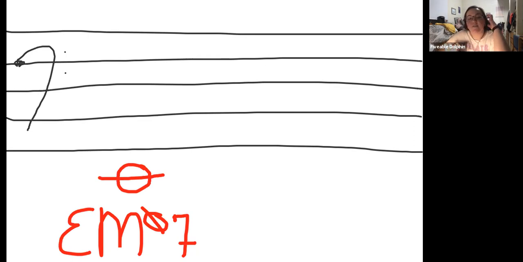Because if we're making a half diminished seventh chord, it's comprised of a diminished triad with a major seventh on top. So our second note here, we have E, and then we have G natural, because in the key of E, it would be a G sharp. Since it's diminished, we're making a G natural.